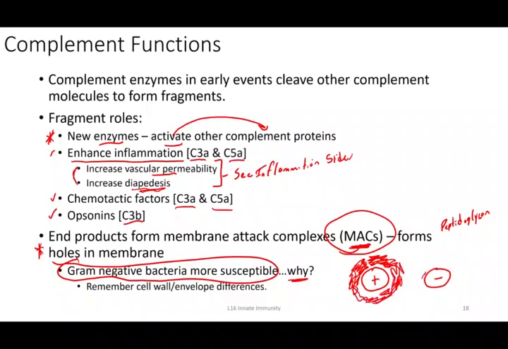Okay, and this one has just a thin. And then the other question is, which one has an outer membrane? And we've seen this at different times. Only one of them has an outer membrane. And that one, I'm just going to draw it as a dotted line here. The gram-negative has an outer membrane, whereas the gram-positive does not have an outer membrane.